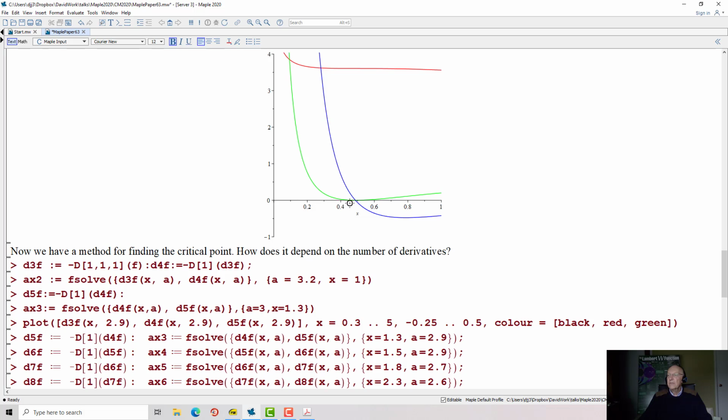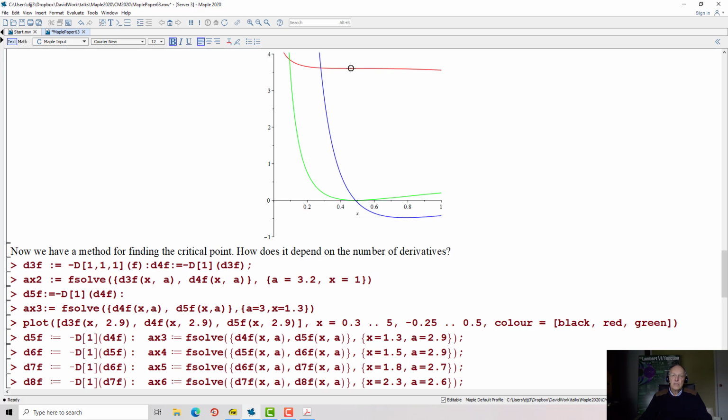So here is our graph, and as you see, the green curve touches the axis, the blue curve crosses the axis at exactly the same point, and if we look up here, perhaps with a little bit of imagination, we can see a horizontal inflection point as we expected. So now we have a way of finding the critical point and the critical value of a at which the first derivative changes from being a monotonic function to being a non-monotonic function.